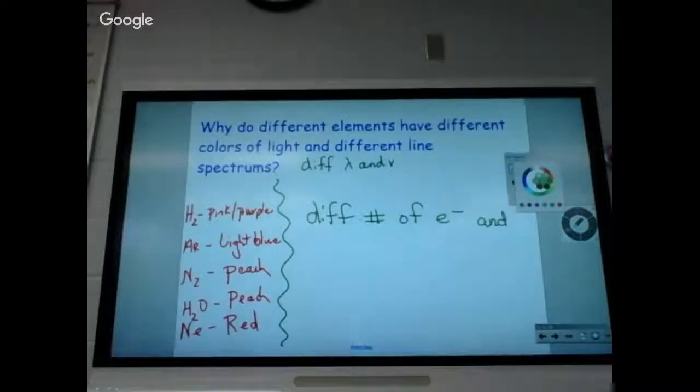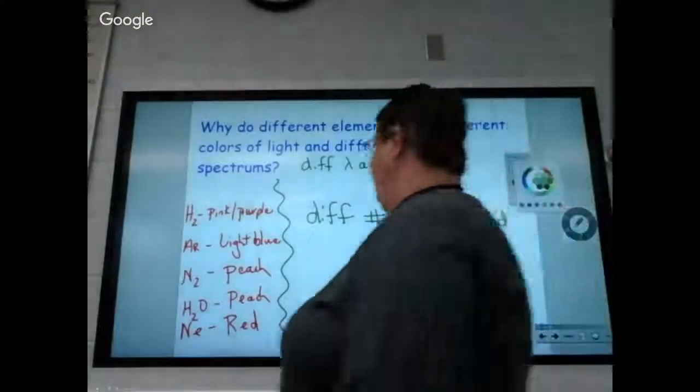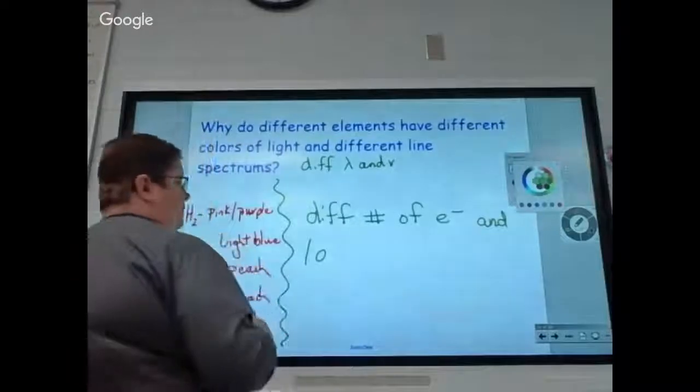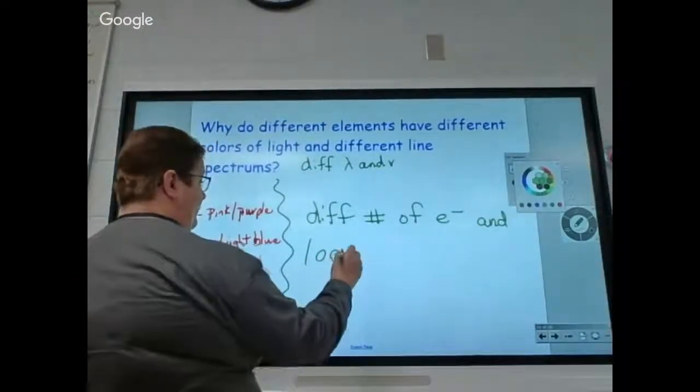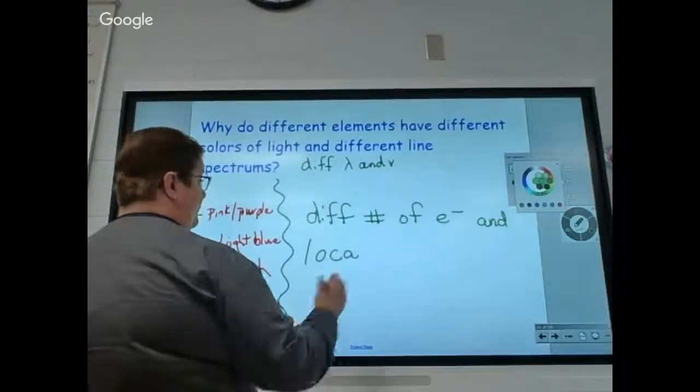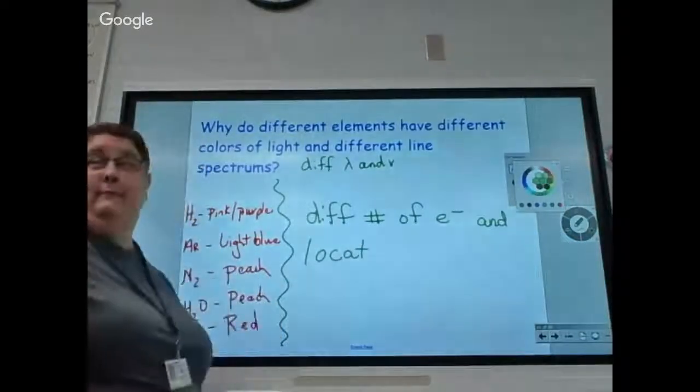The number of electrons are different, and something about the electrons. What? It's something we already talked about. What does it start with? Is it a metal? Length. Right. Low. Locomotive. Local. Location. Oh.